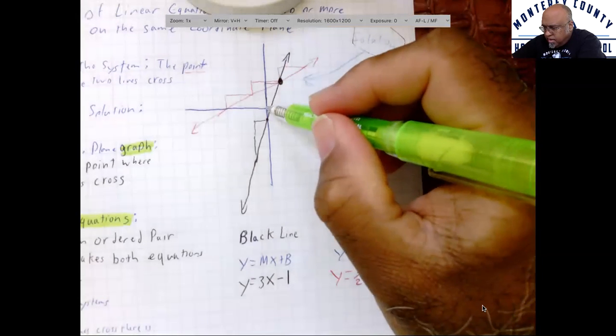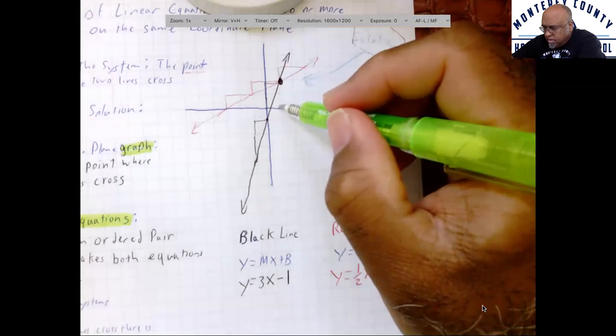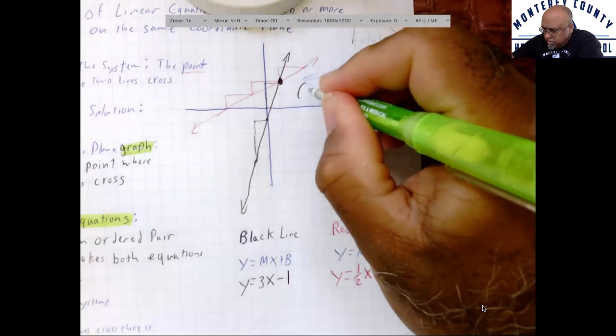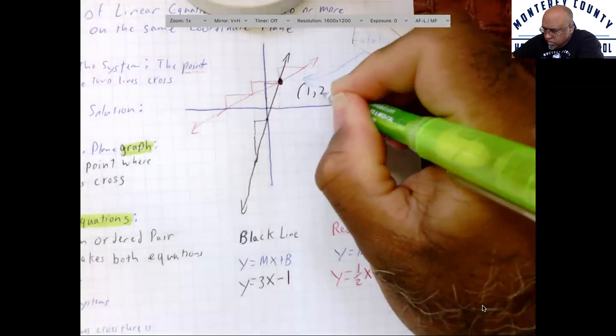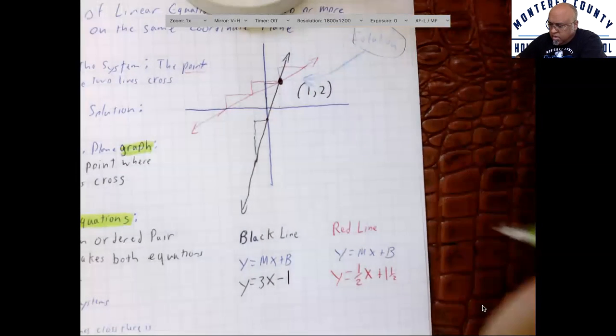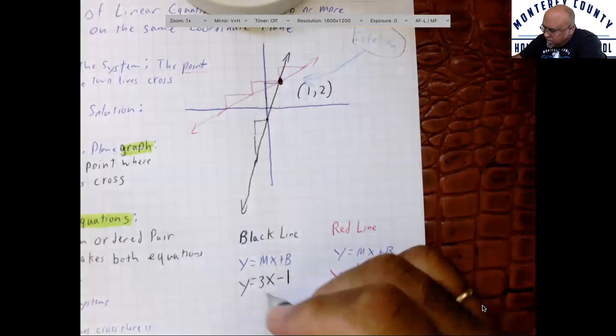Starting with the x, I go over 1 and I go up 2, so its ordered pair would be (1, 2). Now I'm going to substitute in the numbers 1, 2 for x and y.